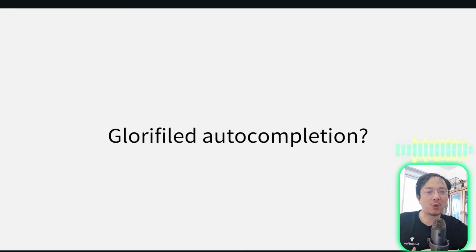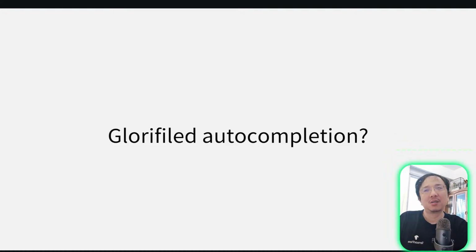Nobody actually knows why it works, but when people understand only some of the things, they overestimate what they know. So they say, okay, it is just a glorified auto completion. But my opinion is that you probably underestimate the power of auto completion.